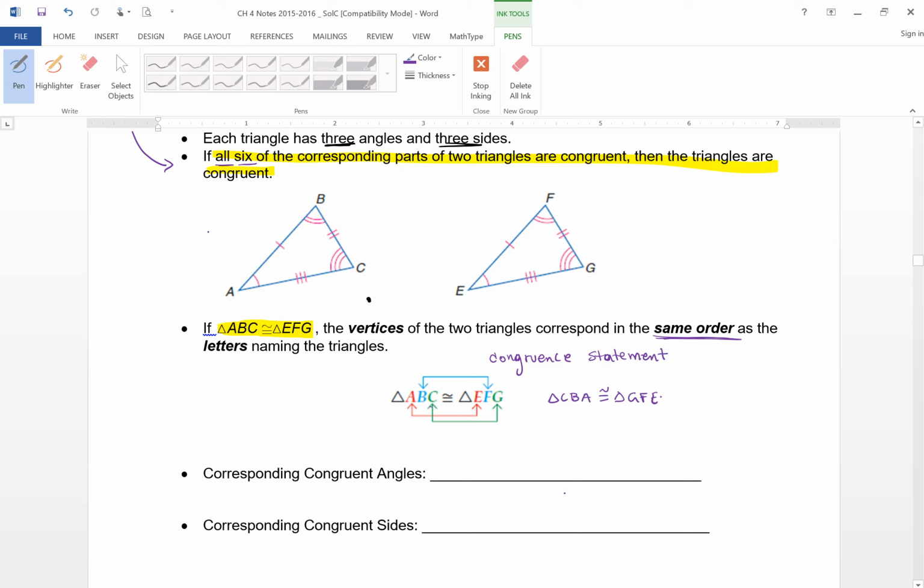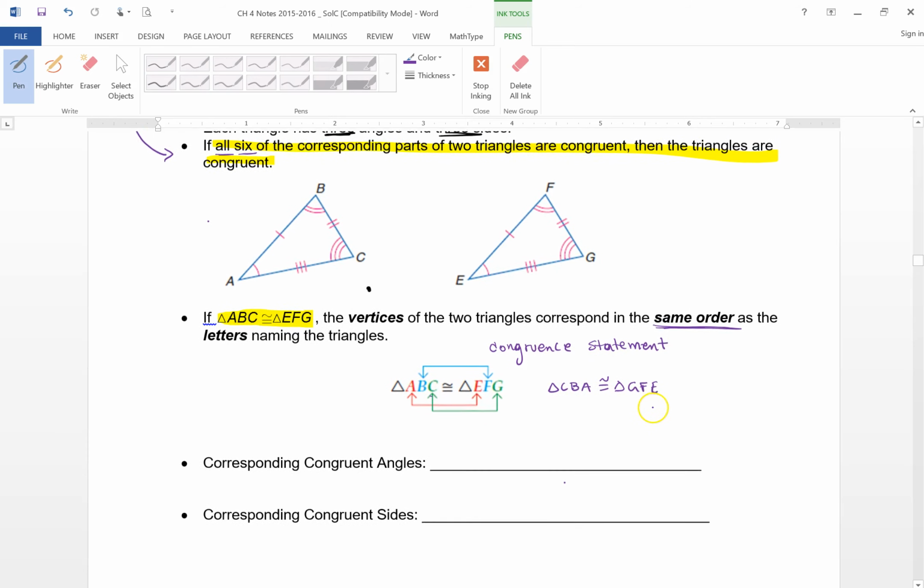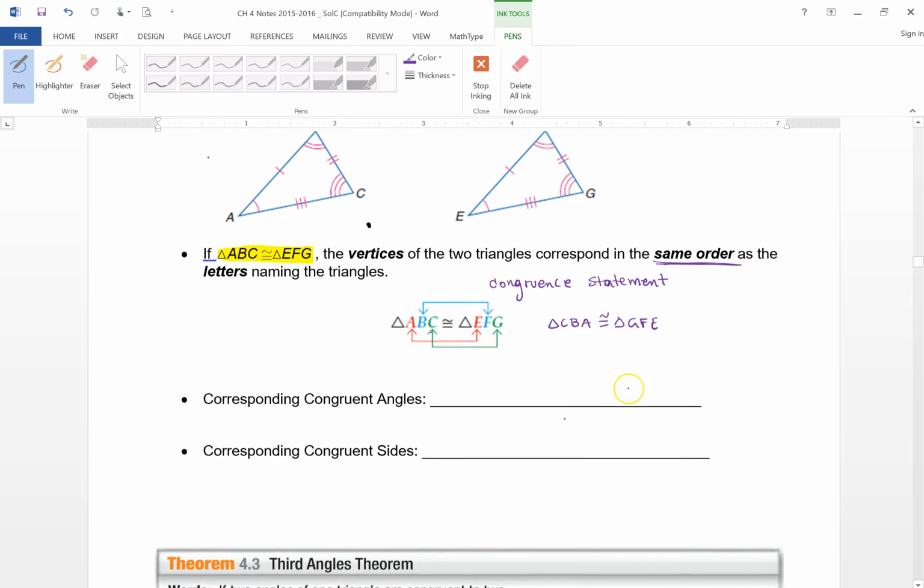Does that make sense? So now, having said that, what are the corresponding congruent angles here? We know that angle A is congruent to angle E. Angle B is congruent to what? Angle F. And what about angle C? Angle G.